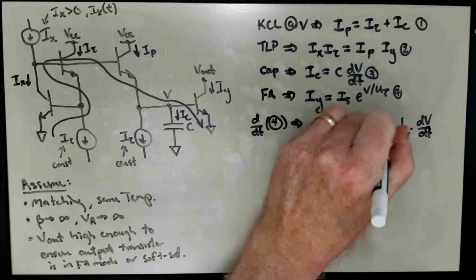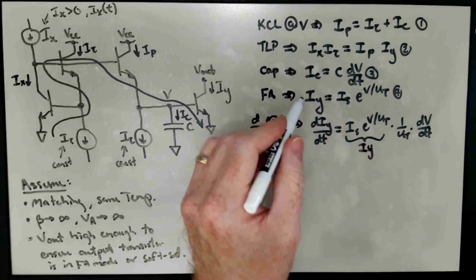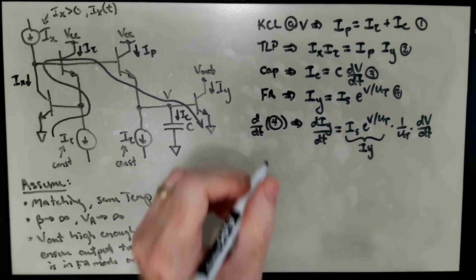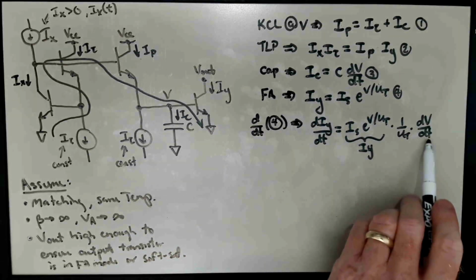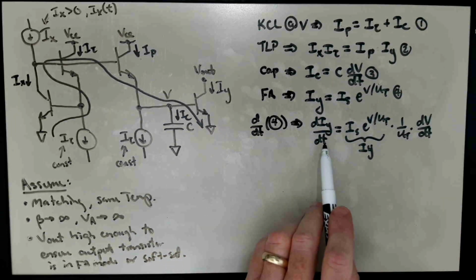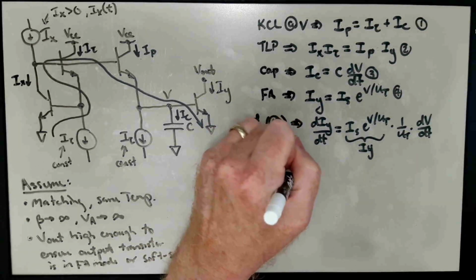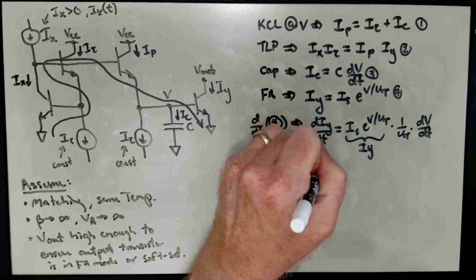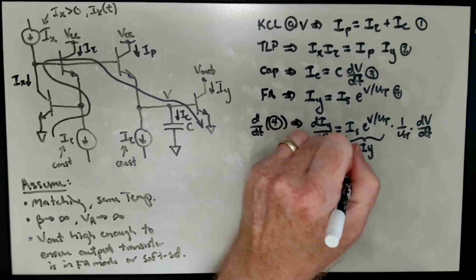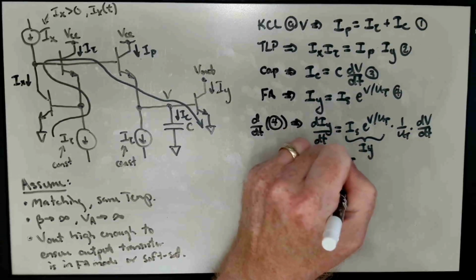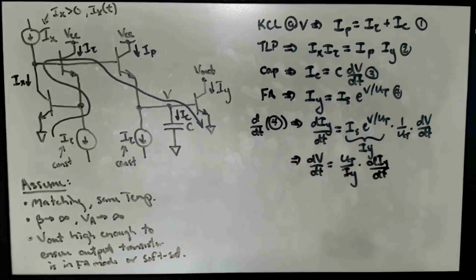And this, of course, is just IY. We can back substitute in equation 4 in here. And so we have a relationship between dV dt and dIY dt that says that dV dt is equal to UT over IY times dIY dt.